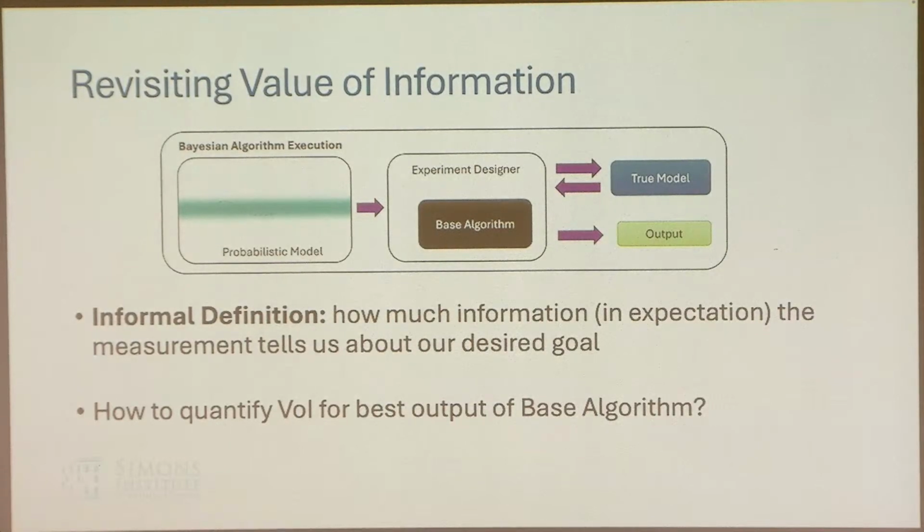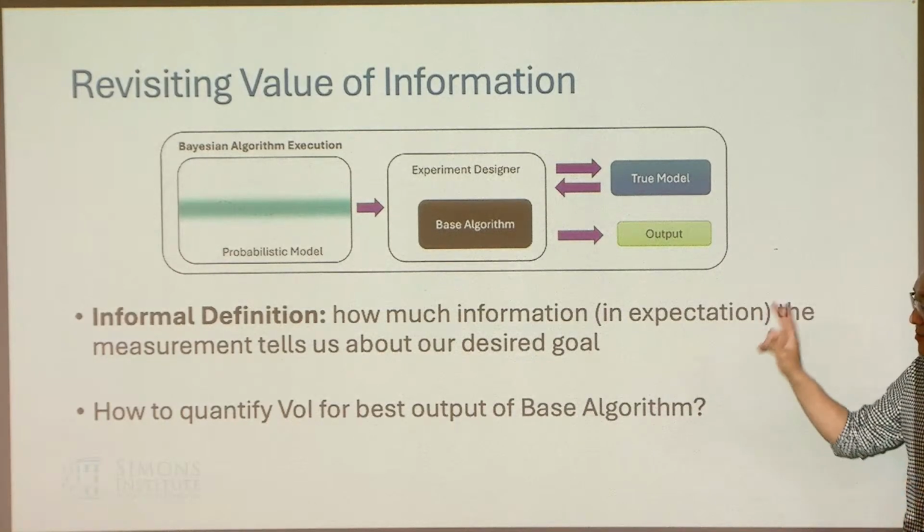In this complex setting where the goal is not just to find the single best design, let's revisit what it means to compute the value of information. Recall that the informal definition of the value of information is how much information in expectation a measurement tells us about our desired goal. And here, we need to quantify the value of information for the best output of the base algorithm, informally speaking.